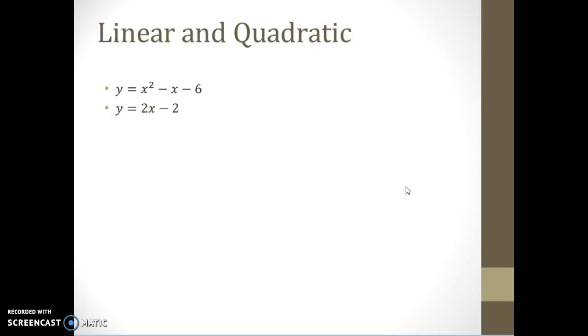So for example, I have a linear equation and a quadratic, right? The first one's quadratic, there's my x squared, and then the bottom one I just have x to the first power, so that's my linear. Alright, so if I want to solve this one, I'm going to do it algebraically, and that's by substitution. So I know that both of these equations equal the same thing. They both equal y, so I'm just going to set them equal to each other. So I have x squared minus x minus 6 equals 2x minus 2.